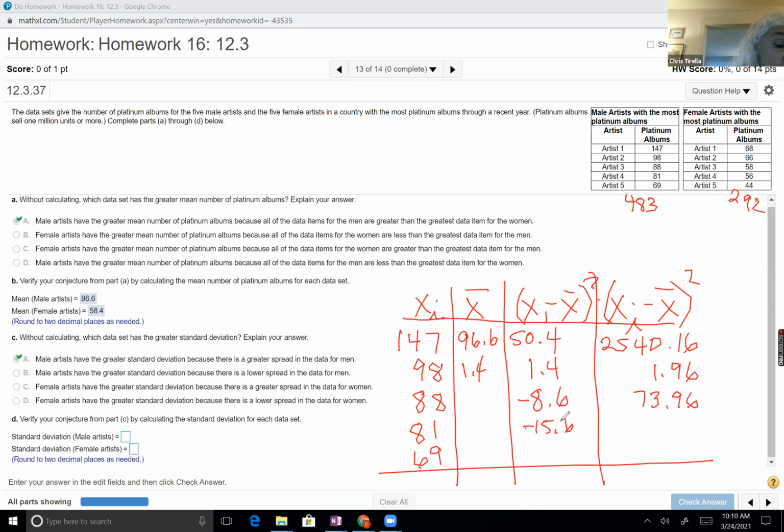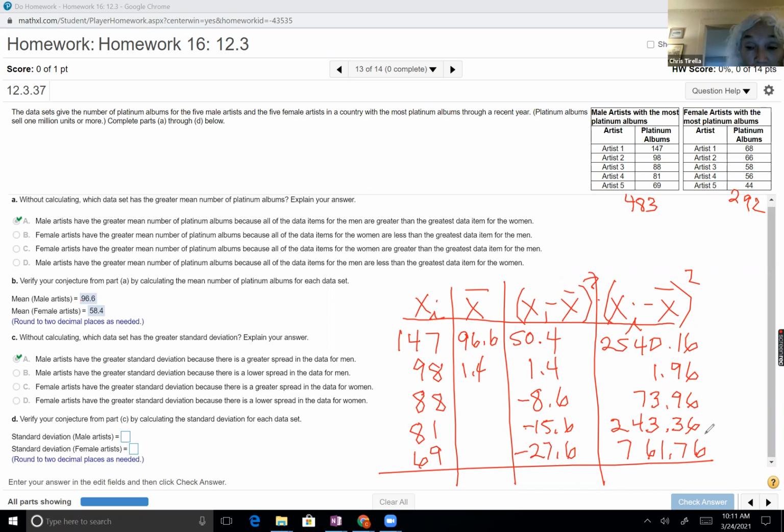And then I'm going to square that and get 243.36. And lastly, I'll take the 69 minus the 96.6, which gives me negative 27.6. And I'm going to square that, which gives me 761.76. So far, so good.